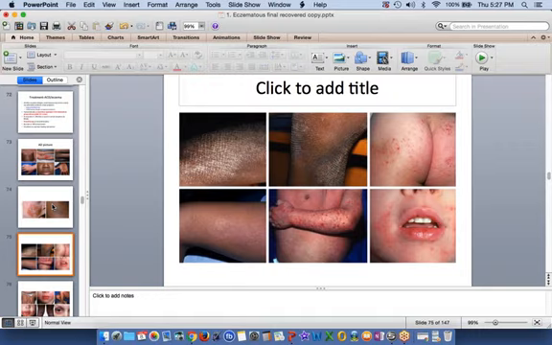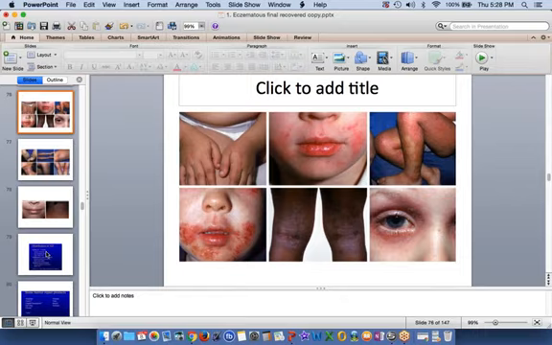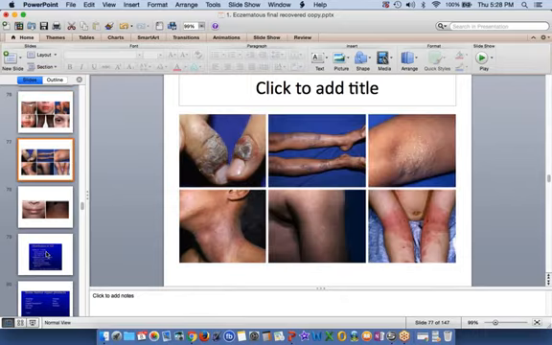After years of scratching, they develop lichenification and hyperpigmentation, especially along the creases of the antecubital and popliteal fossas. But you could see it spares no place. Anywhere, body, face, you name it. And it's so hard to control.